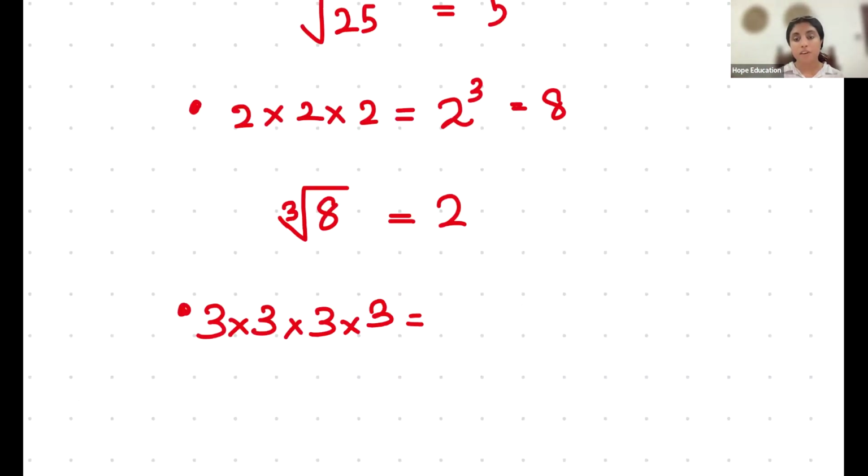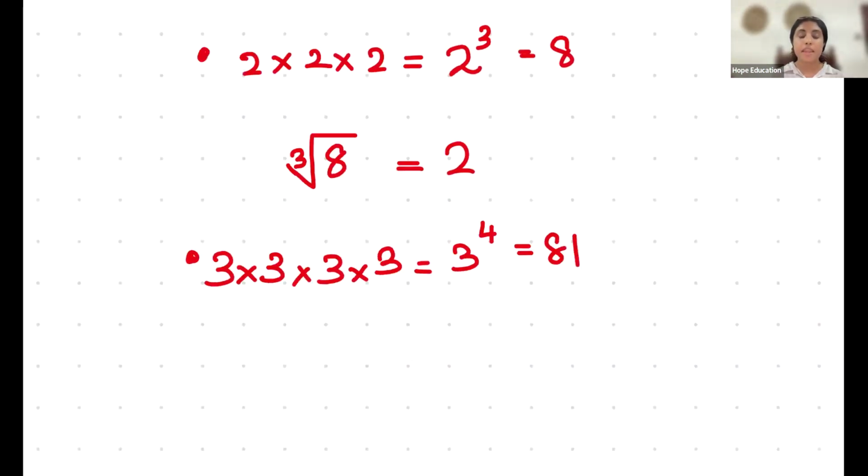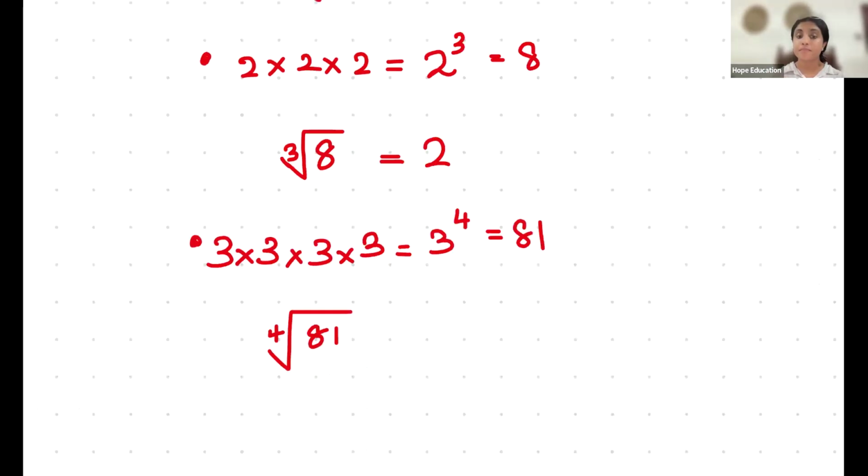Again, 3 to the power 4 is 81. Then what would be the fourth root of 81? Don't write anything. I only asked you to put the topic. What is the fourth root of 81?